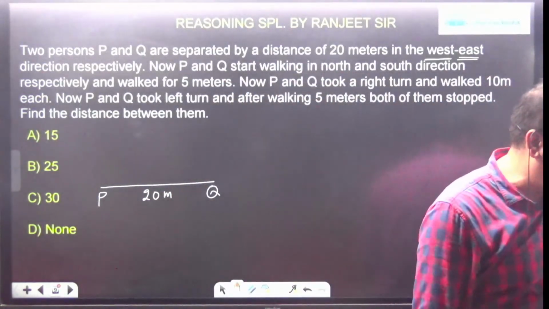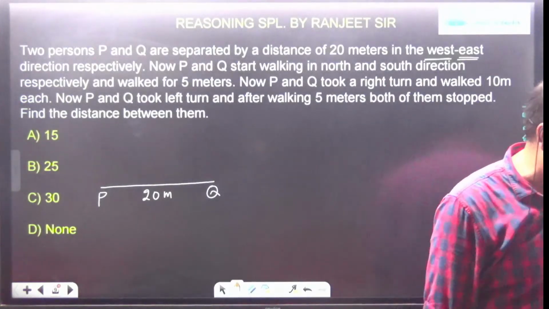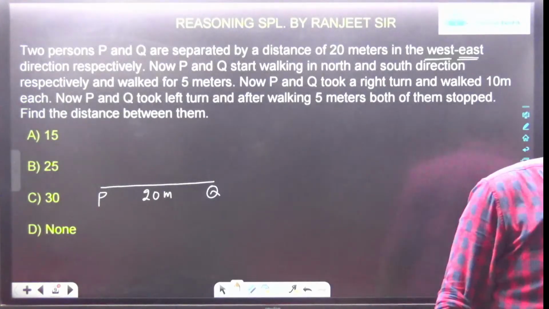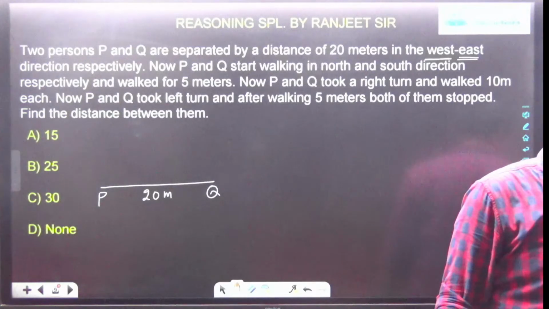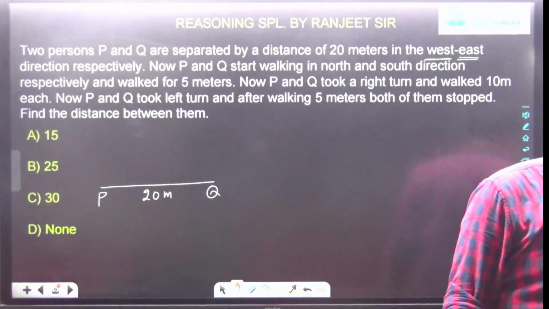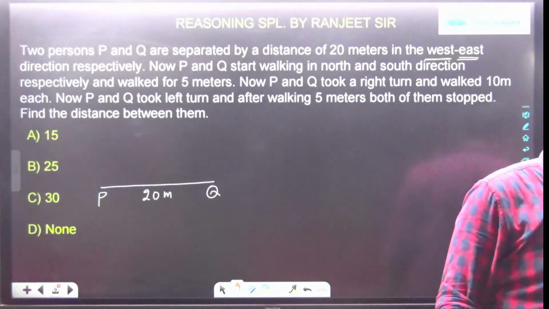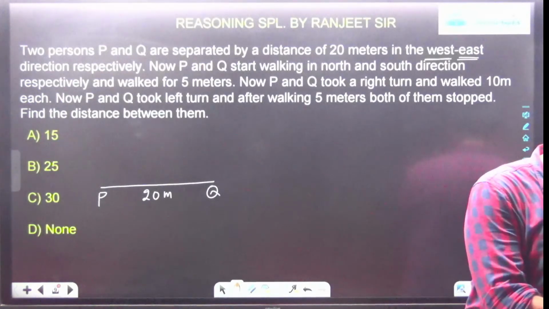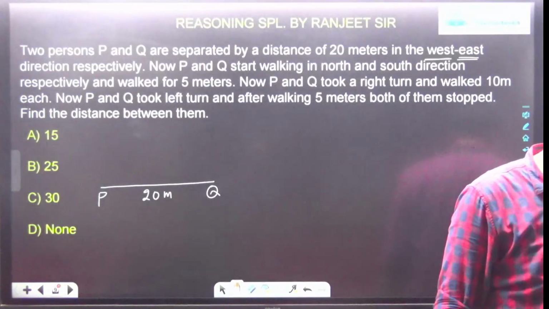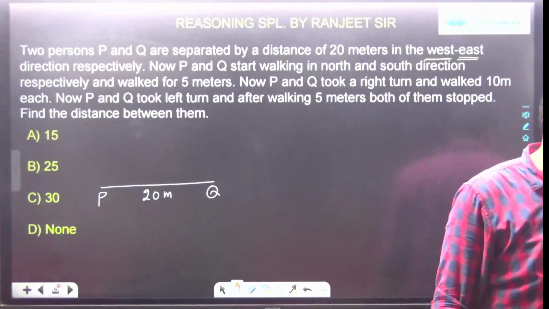Now let's plot the NESW for P and NESW for Q and get the answer. Tell me, what's the answer for this one?